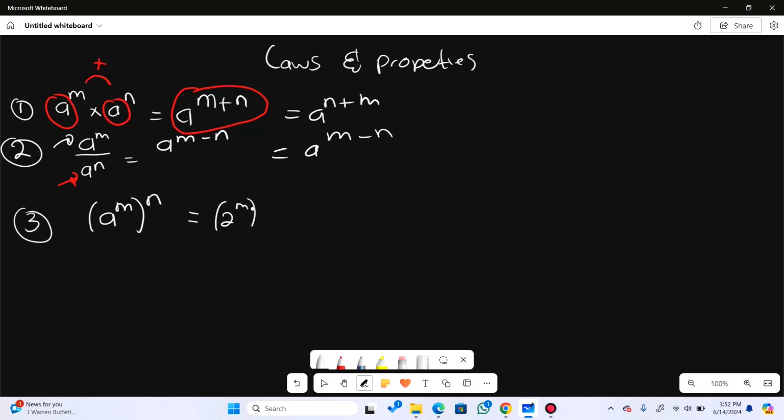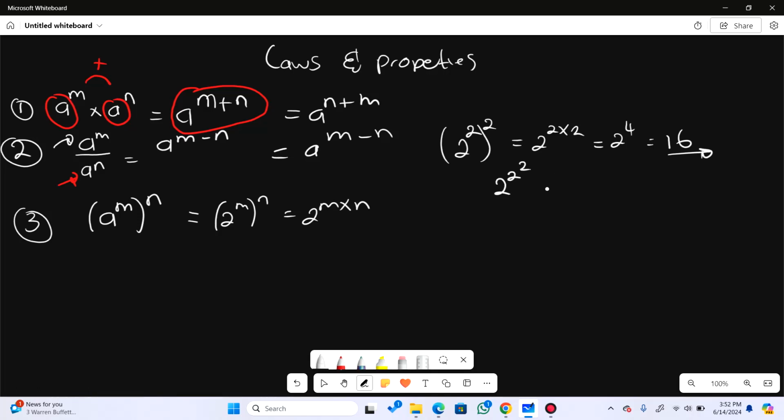If you have (2^m)^n, this will give us 2^(m times n). So for instance, if you have (2^2)^2, this will give us 2^(2 times 2), which is 2^4, which is 16.